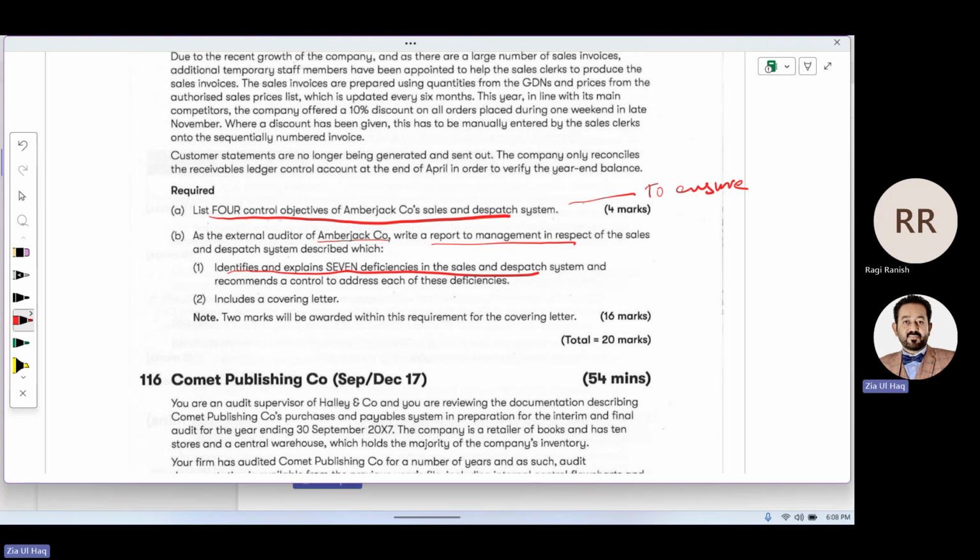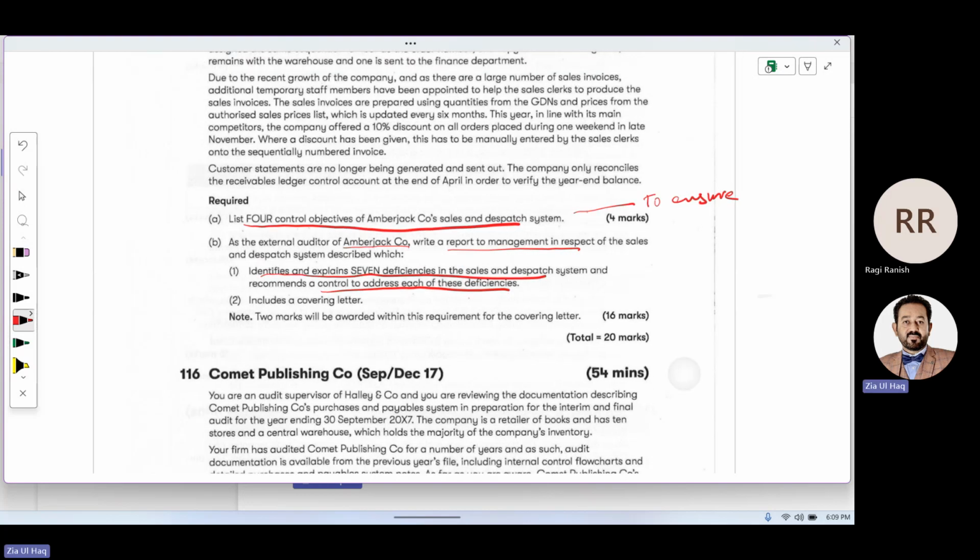By reading the company system, you need to identify weaknesses in the system, where the company is not following the controls of the sales system. 7 control deficiencies we need to identify, and recommend a control to address each of these deficiencies.